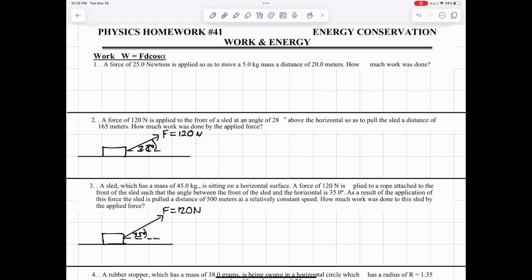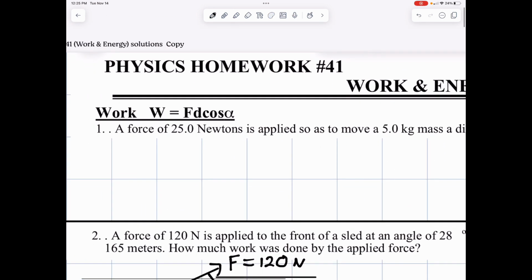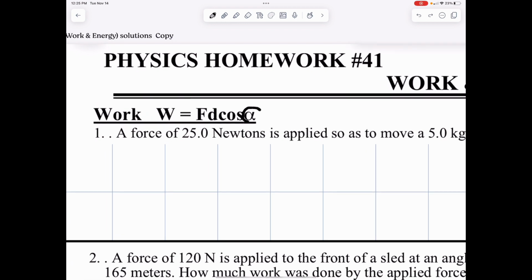So to begin, one of the things that we know for the first, let's see, 6 problems, we are calculating work. And so to calculate the work, now we have one equation that's set up right here, and that works, no pun intended, when the angle between force and displacement is something other than 0. So if you have a force applied at some angle, then of course you're going to use force distance cosine of alpha.